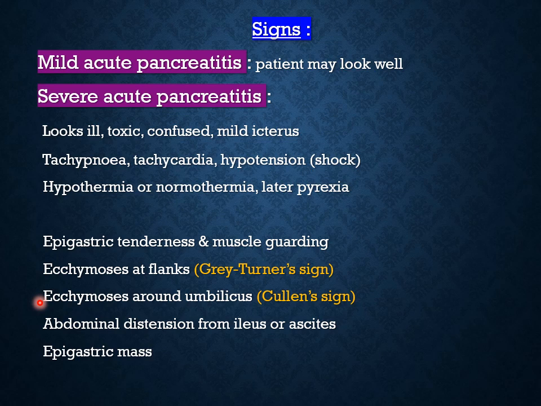Ecchymosis around the umbilicus is known as Cullen sign. There is abdominal distension from ileus or ascites. Sometimes there can be massive ascites and ileus due to peritonitis. And in severe cases of necrosis, you may feel an epigastric mass.